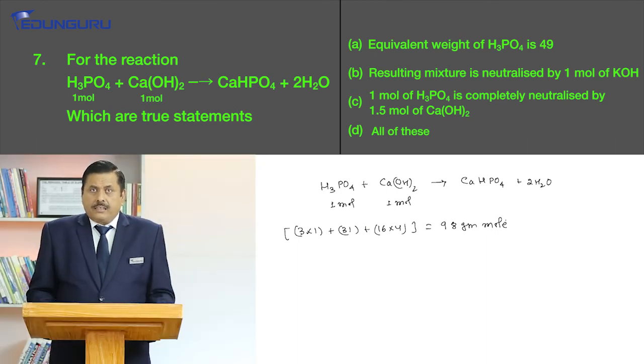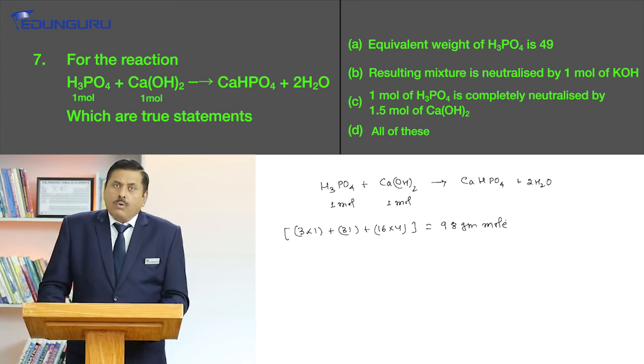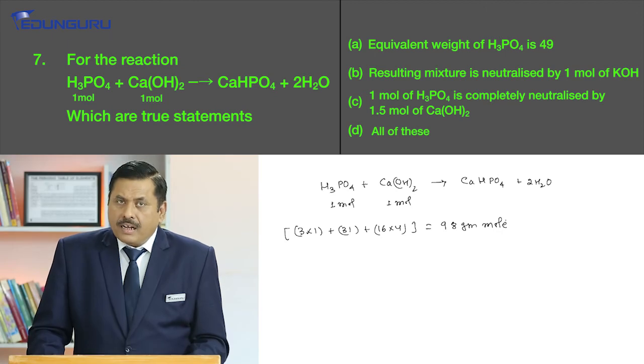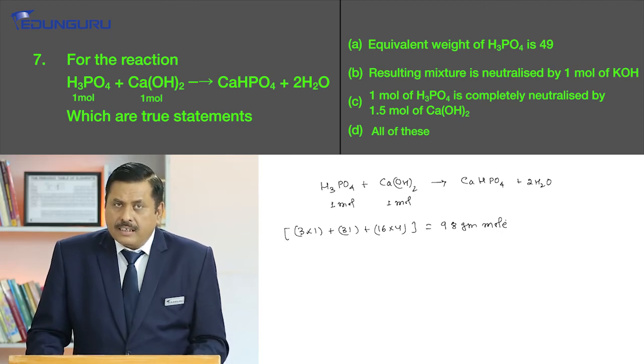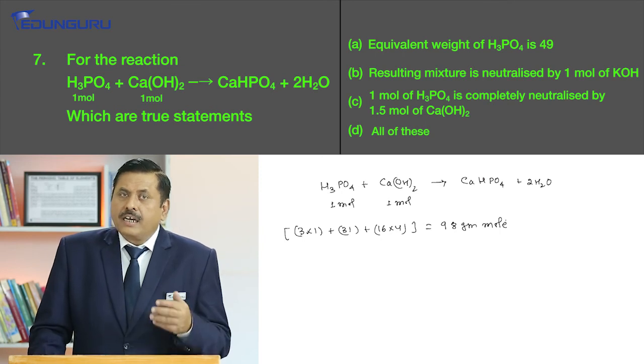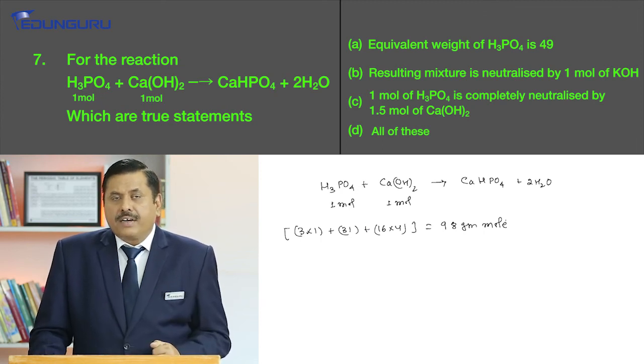Now, in this reaction, we can see 2 out of the 3 replaceable hydrogens are involved in the reaction, and therefore, for this reaction we have to take the basicity of H3PO4 as 2, because basicity is equal to the number of hydrogens replaced from an acid during a reaction.